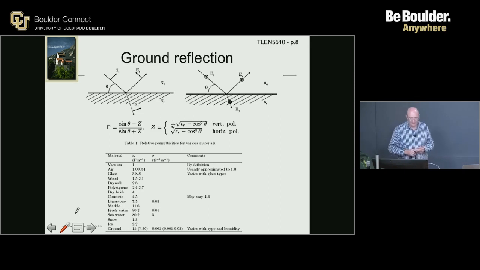Mostly it's epsilon r, the relative permittivity, and its conductivity as well, which in that model is included in epsilon r. So given a different epsilon r, you can usually ignore the conductivity sigma.